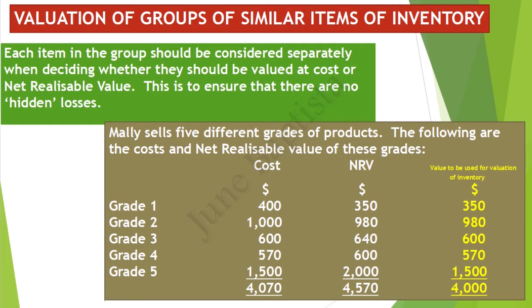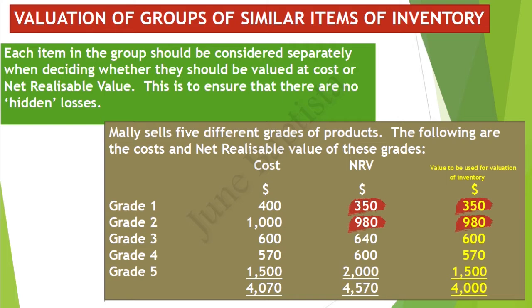Grade 1 will be valued at $350, which is the NRV and is less than the cost price. Grade 2 will be valued at $980, which is also the NRV, or the net realizable value, and is less than the cost of $1,000.